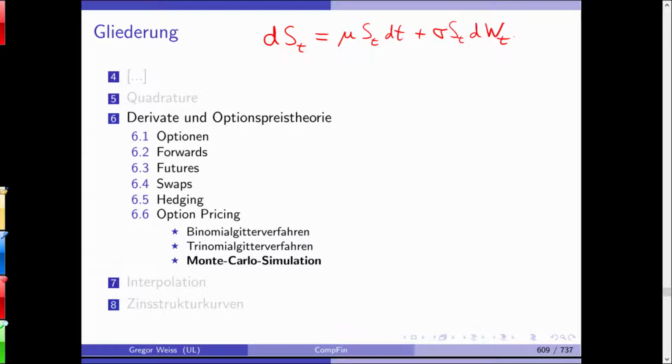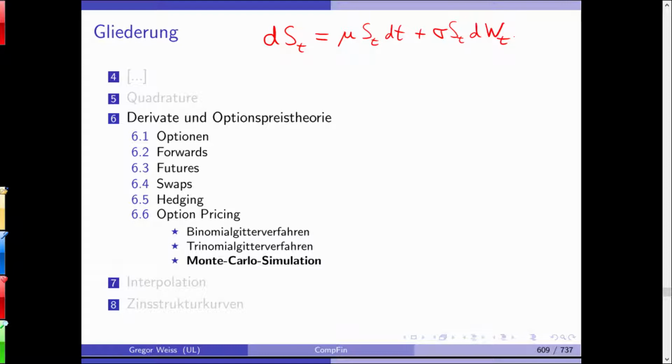And in the end, in the Black-Scholes model, we get a differential equation, and if the option is very simple, if it's a plain vanilla option, we can solve the equation. If not, we cannot.